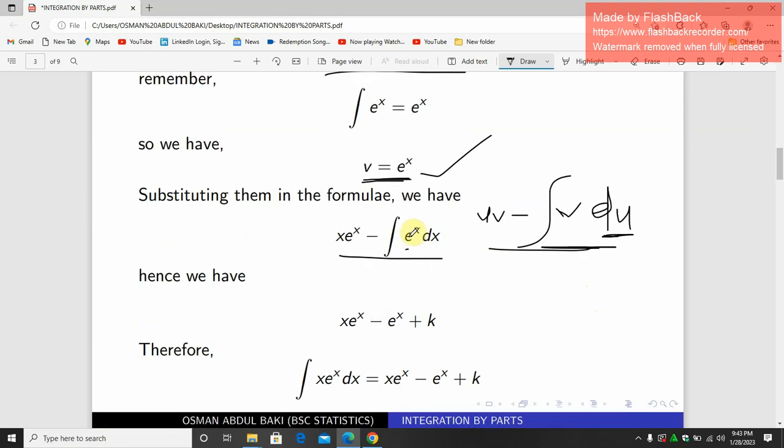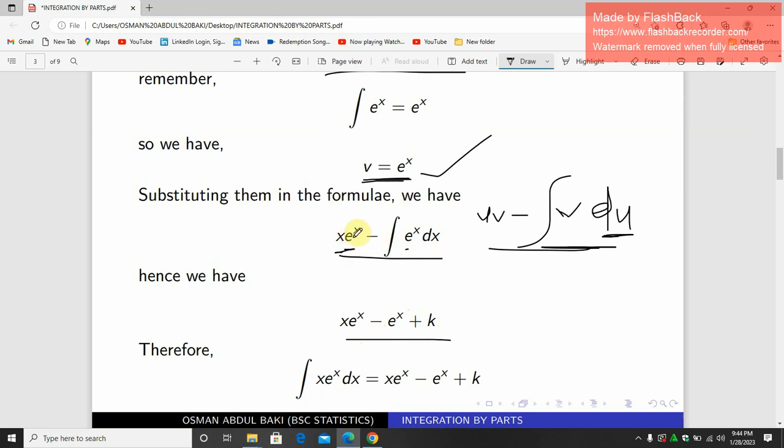Now we know there is an integral sign here, so we need to find the integral of e to the power x. We don't want to touch the first part. This is where we need to solve. The integral of e to the power x is the same as e raised to the power x. Then we bring our constant k.